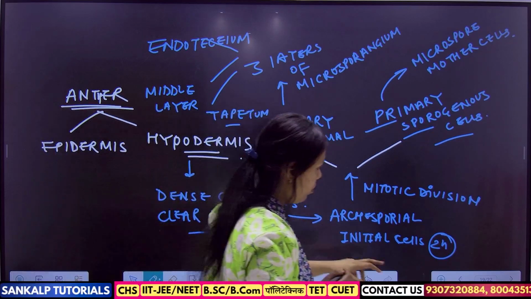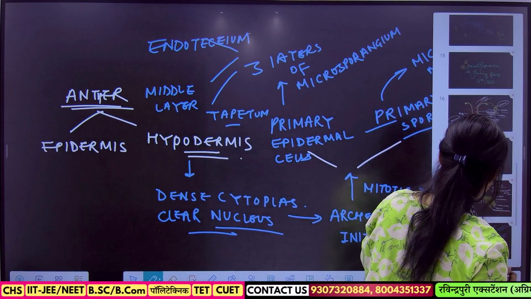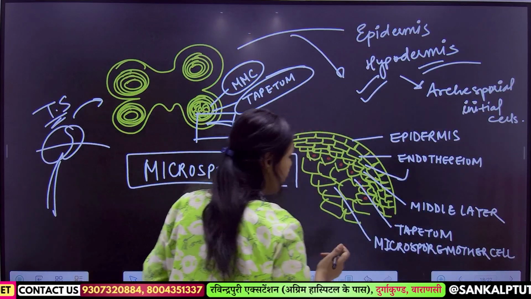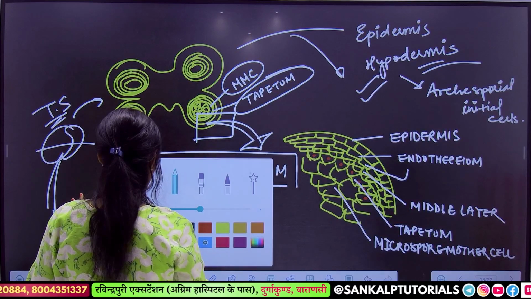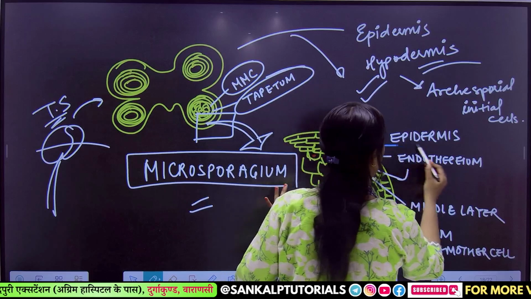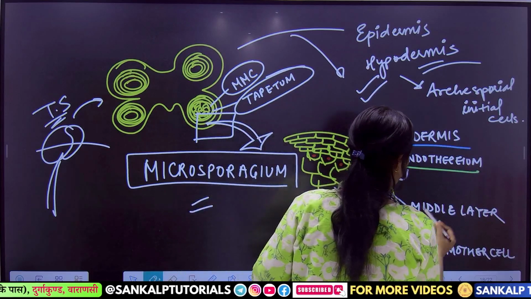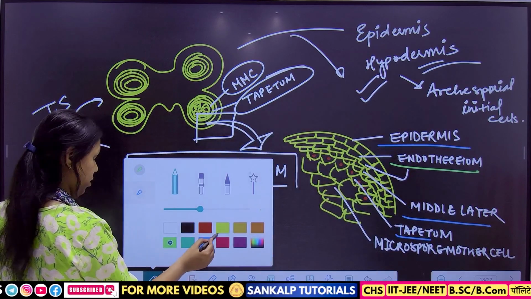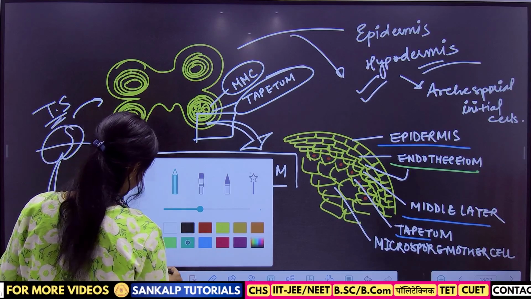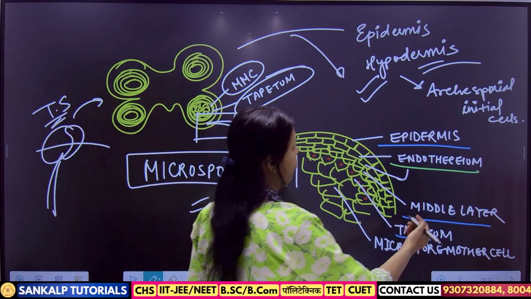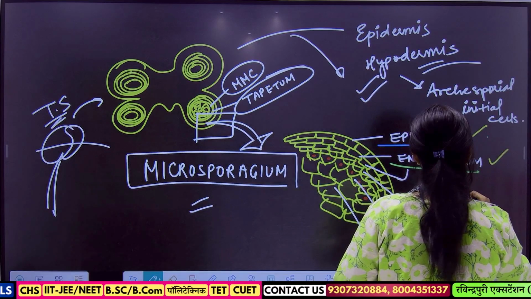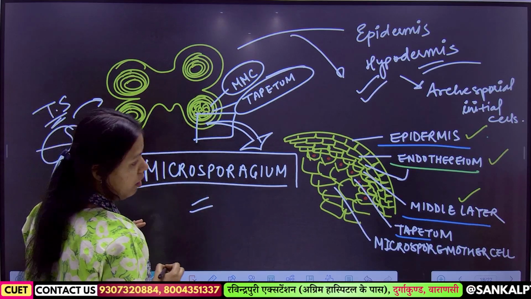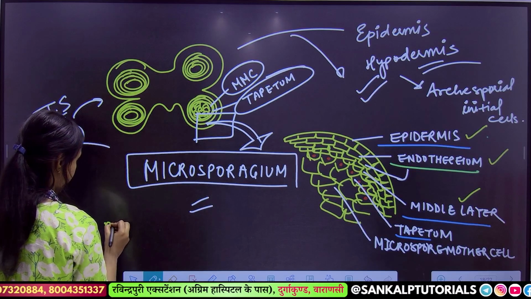So the wall of the microsporangium has four major layers, that is epidermis, endothecium, middle layer, and tapetum. The upper three layers, epidermis, endothecium, and middle layer, act as protective layers in the microsporangium.